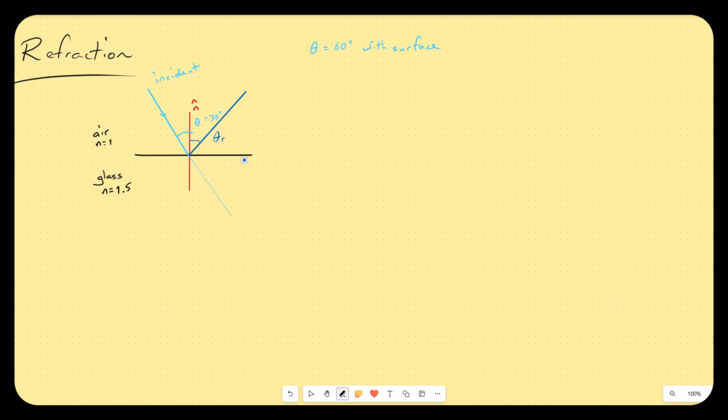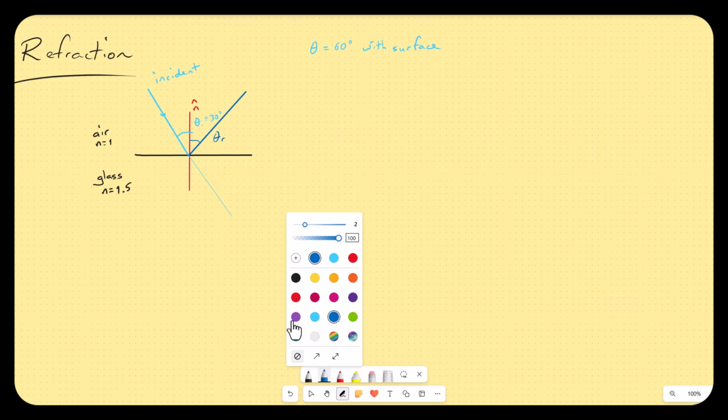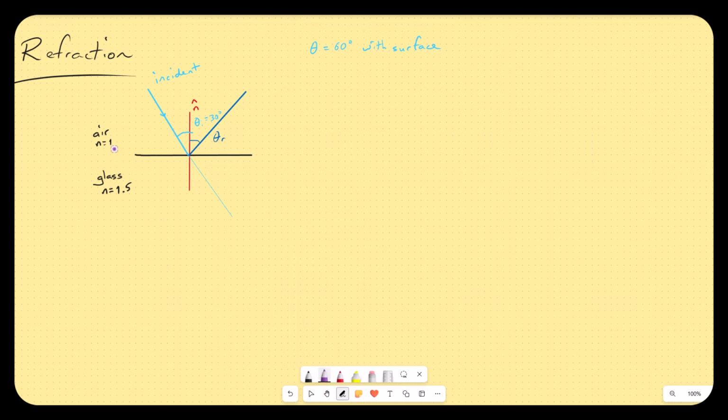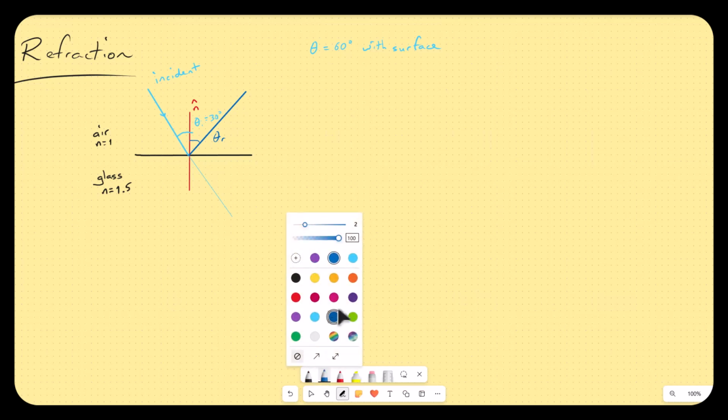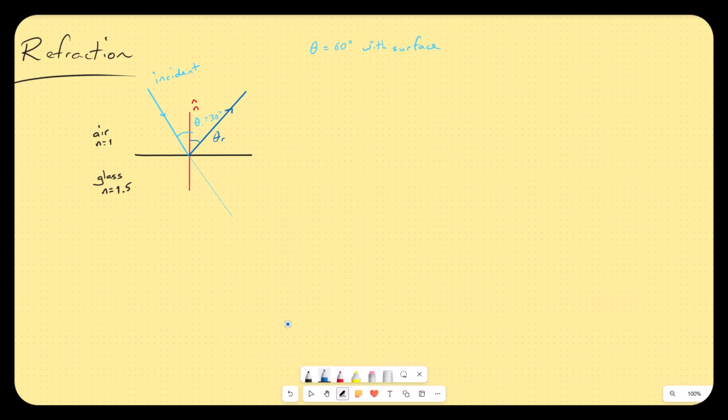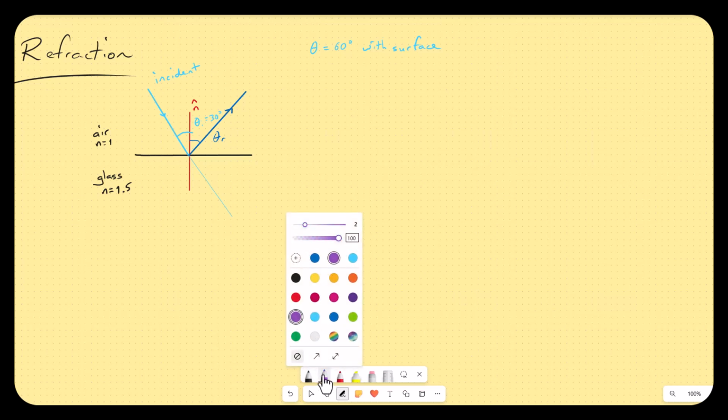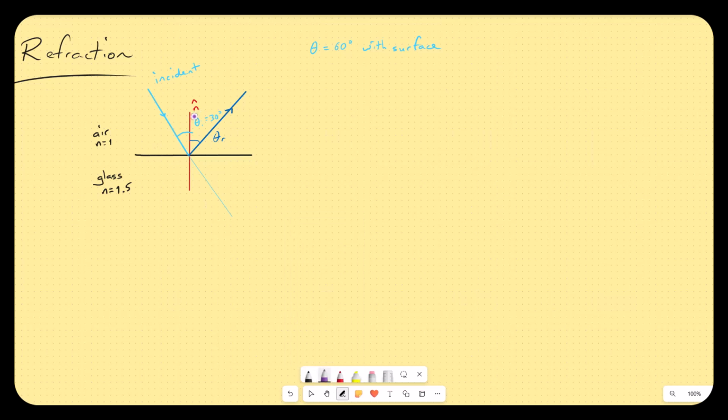But I also have this transmitted ray. So anytime that I'm meeting a surface, I'm reflecting and I'm transmitting. If I've got a surface that's mirrored like this, then the implication is that I'm doing mostly reflection. But anytime I'm doing the one, I'm always doing the other, at least to some degree. I just might not be asked about both.